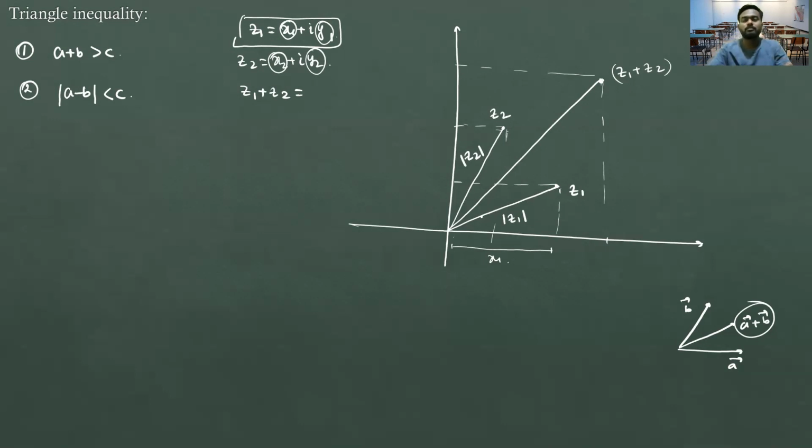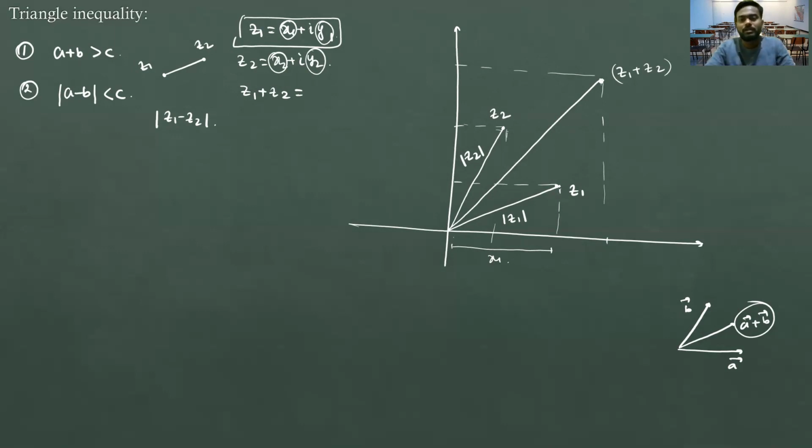And you must know one thing: modulus of Z1 minus Z2 means the distance between Z1 and Z2. You can substitute the values here and you will see that it gives you the distance formula, square root of x1 minus x2 whole square plus y1 minus y2 whole square, which gives the distance between Z1 and Z2.